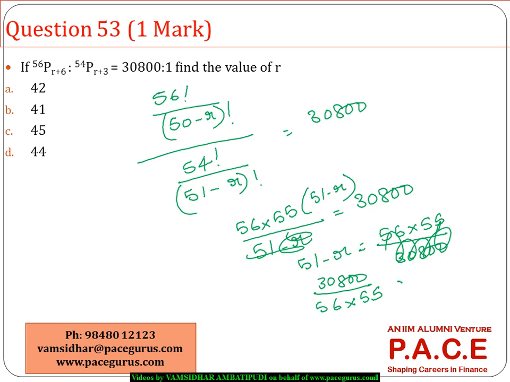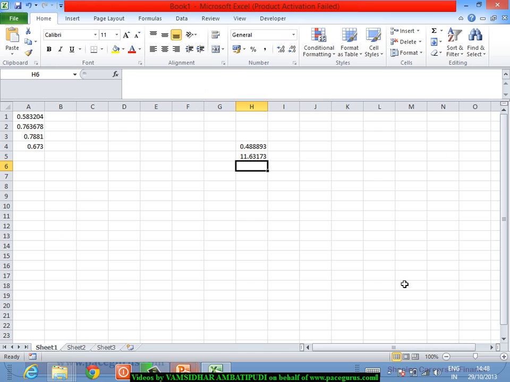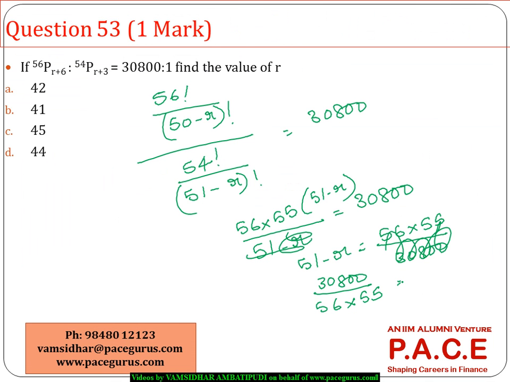How much does it work out to? 30,800 divided by 56 into 55 works out to 10. So this 51 minus r is coming out to 10. So from here you can very well compute that r is 41, marking the option choice as B in this case. Alright, moving on to the next question now.